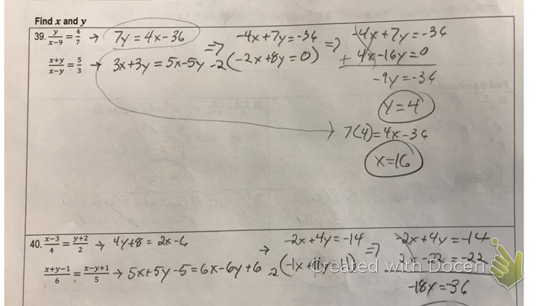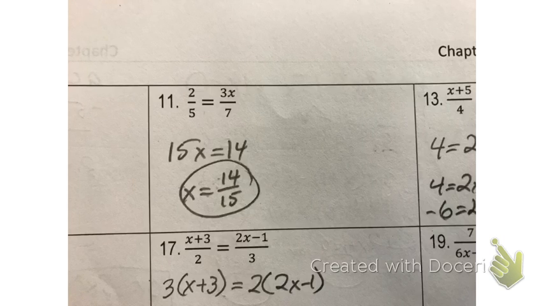Yeah. Number 11. Okay. Number 11, just the 2 over 5 equals 3x plus 7. Did I mess it up on here?